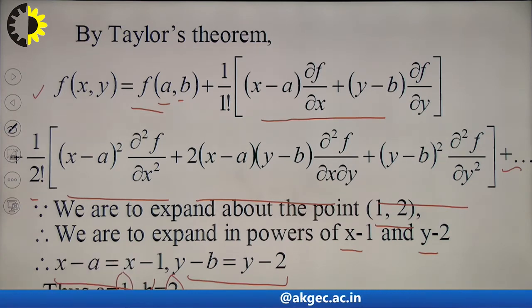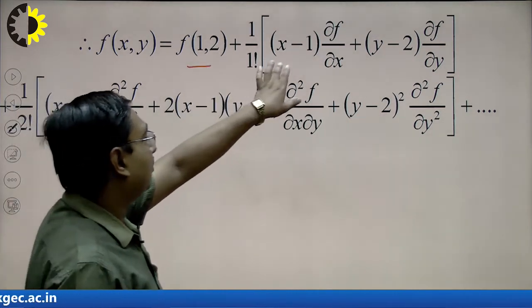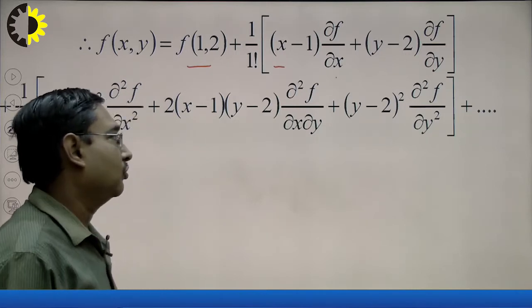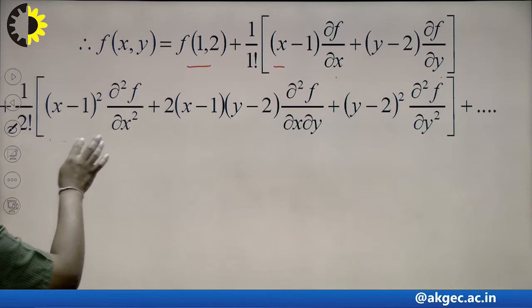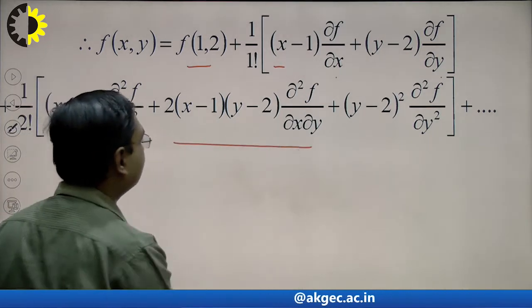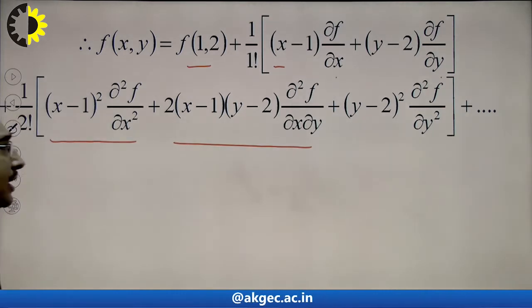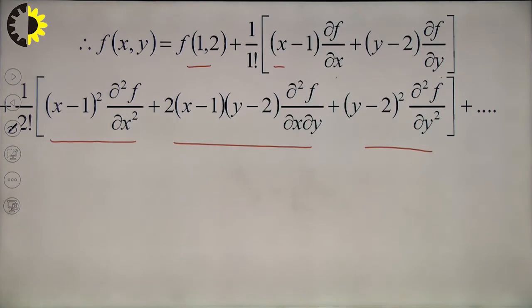Substituting a equals 1 and b equals 2, this expansion takes the following form: f(x, y) is equal to f(1, 2) plus 1 upon 1 factorial [(x minus 1) del f over del x plus (y minus 2) del f over del y] plus [(x minus 1) whole square del 2f over del x square plus twice (x minus 1)(y minus 2) del 2f over del x del y plus (y minus 2) whole square del 2f over del y square] plus and so on.